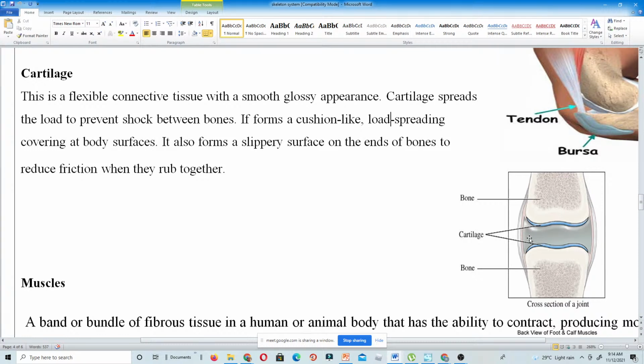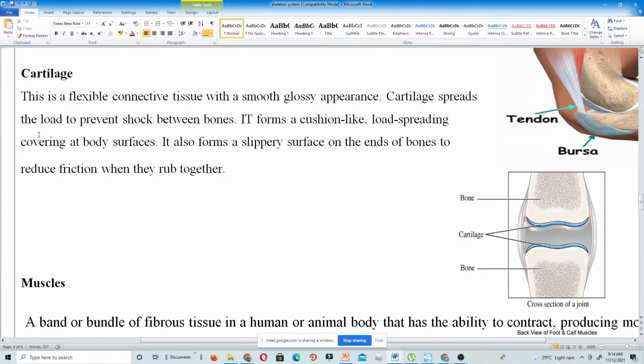They are saying that the cartilage spreads the load to prevent shock between bones. It actually forms a cushion-like, load-spreading covering at body surfaces.